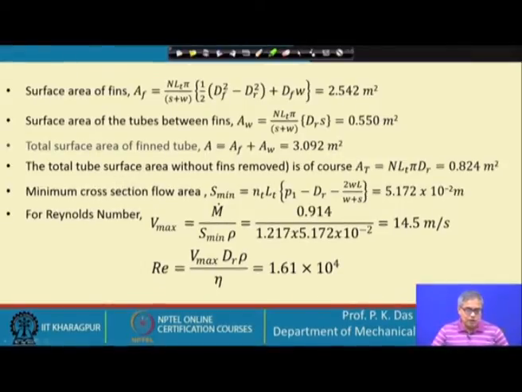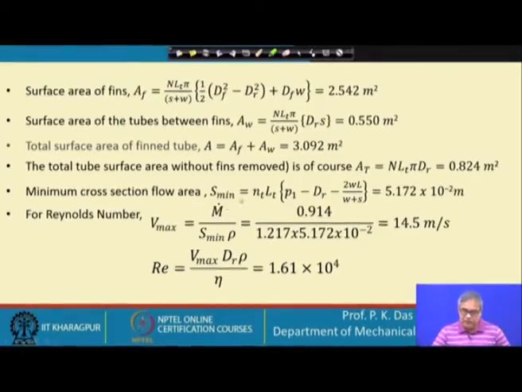The total tube surface area without the fins is 0.824 meter square.